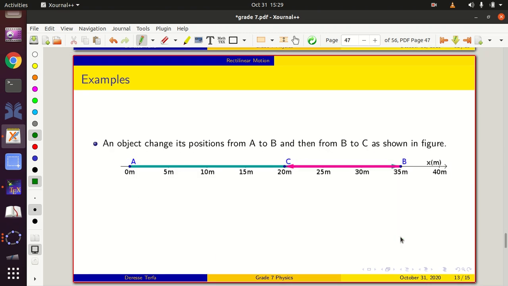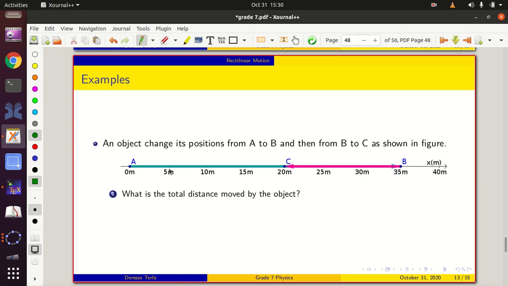Okay, let us come to the last question. An object changes its position from A to B initially, and then from B to C, as shown in the figure. What is the total distance moved by the object?